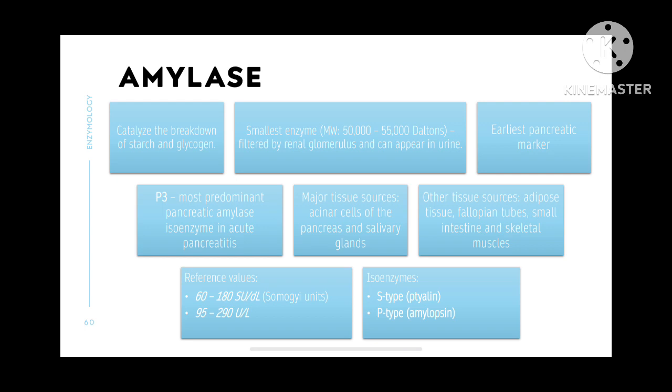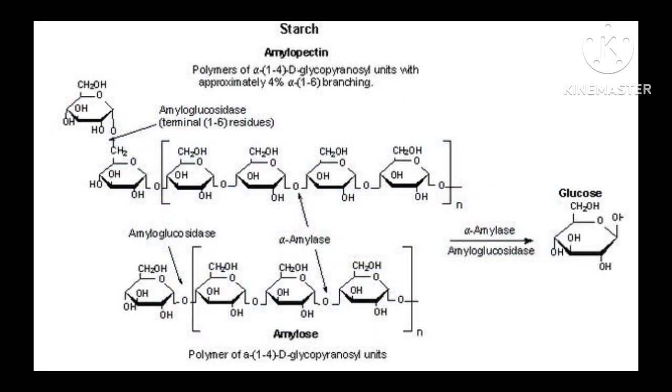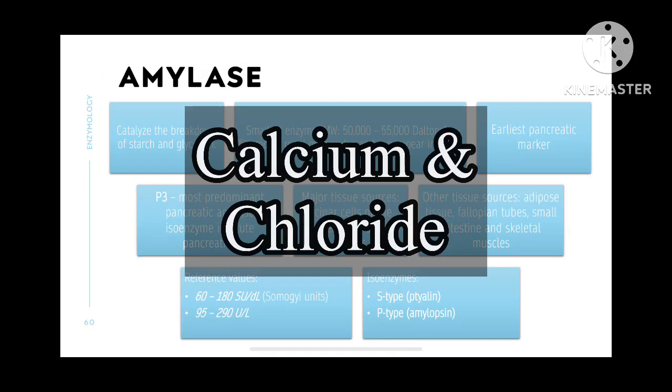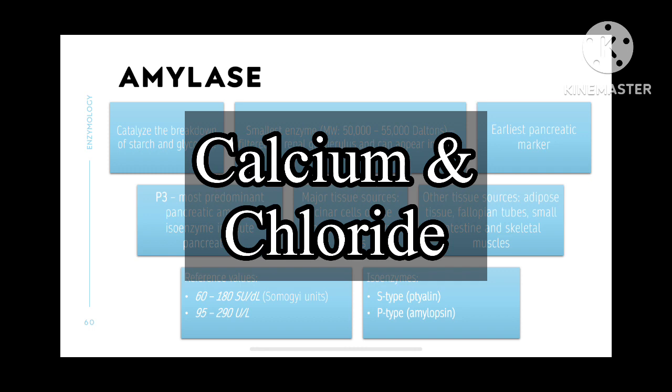Amylase is therefore an important enzyme in the physiologic digestion of starch. This is how amylase would degrade amylopectin or amylose into glucose, maltose, or dextrins. Amylase also requires calcium and chloride ions for its activation.